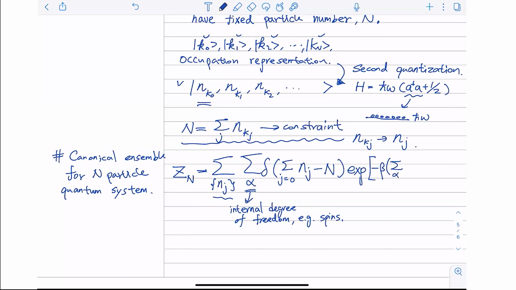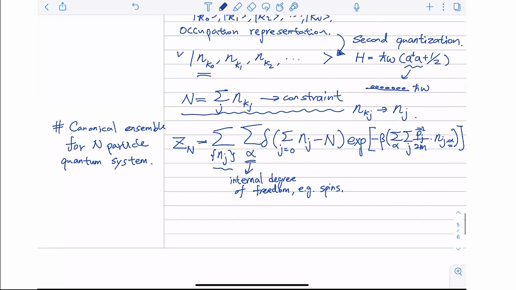Now we have a sum over all different internal degrees of freedom and the corresponding eigenenergies. In this case, it's a free particle, and at each free particle level, which is labeled by this momentum pj, there's an occupation number nj alpha, and alpha is just the internal degrees of freedom for this system, such as spin. So it is just doing nothing, just providing an additional index.